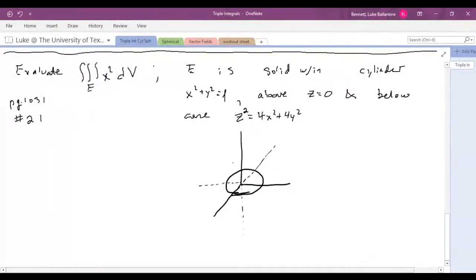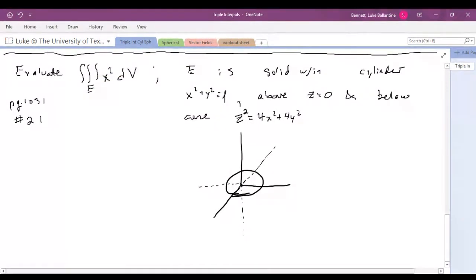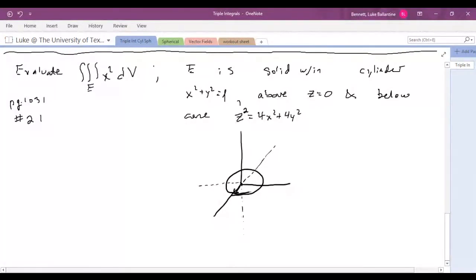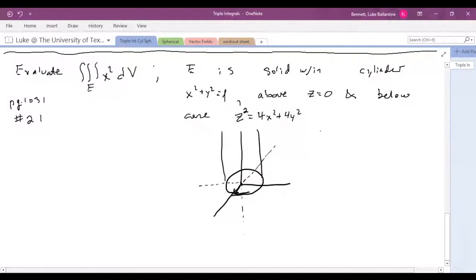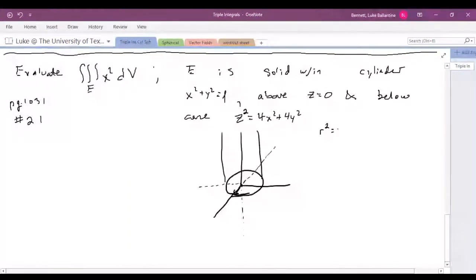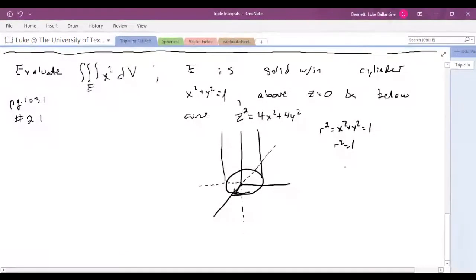You could reason it out just looking at the picture, going from the origin all the way to this cylinder, or you could say r squared is equal to x squared plus y squared, which is equal to 1, so r squared equals 1. You take the positive because r is always positive, so r equals 1 is our upper bound for r.